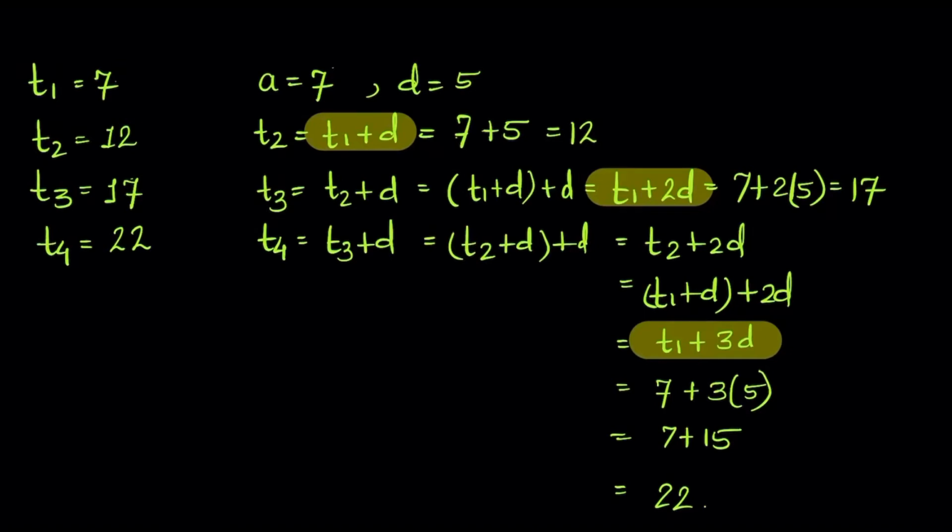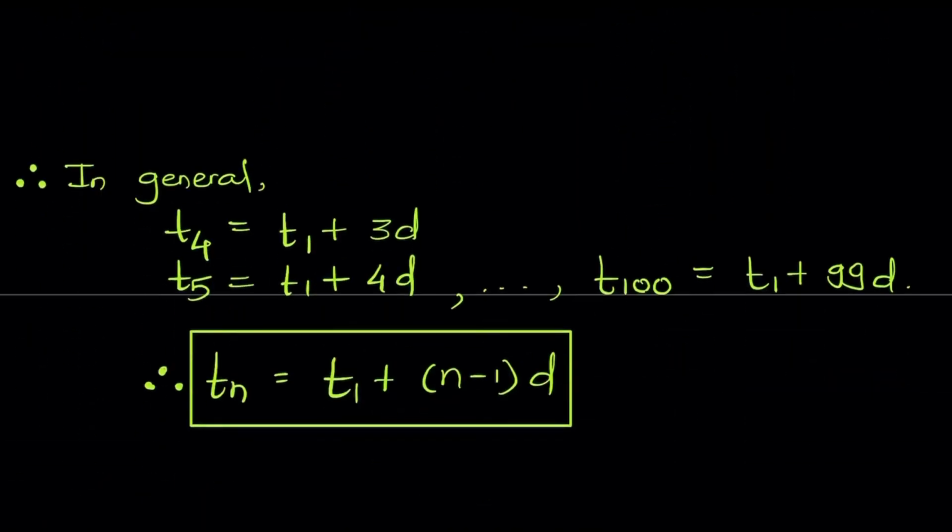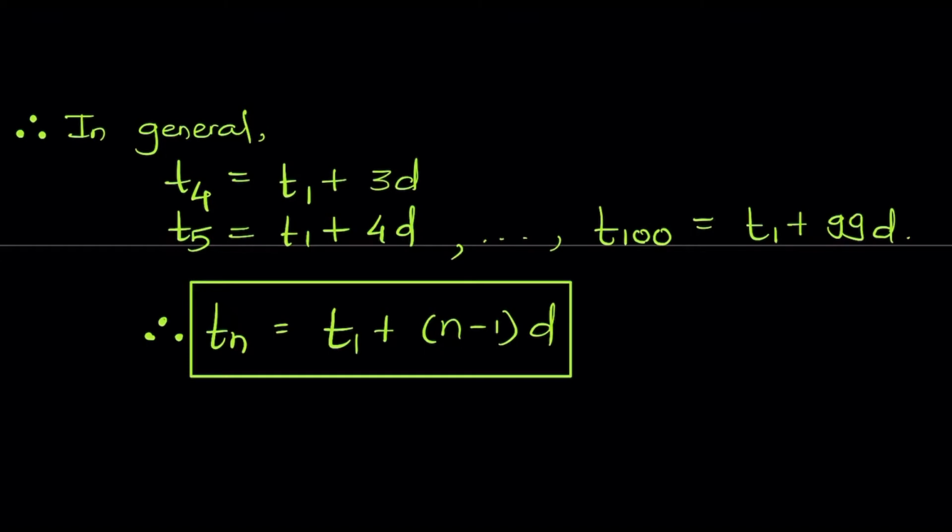So see here, in general T4 is T1 plus 3D, T5 is T1 plus 4D, T6 will be T1 plus 5D, so T100 will be T1 plus 99D. So Tn will be T1 plus n minus 1 times D. Whatever the number here, this n, make one less number here.